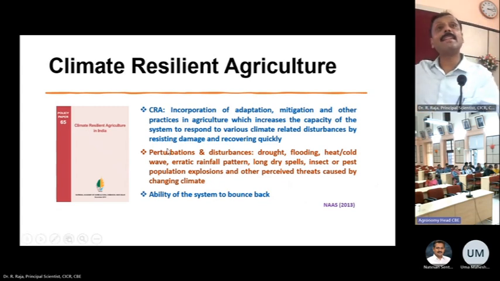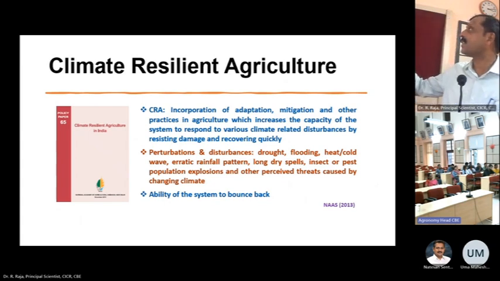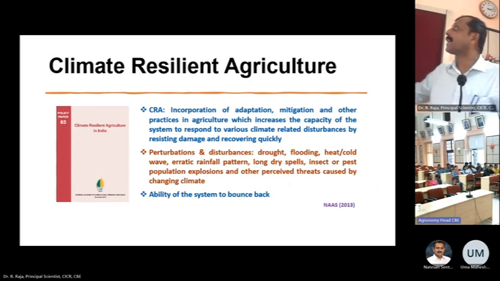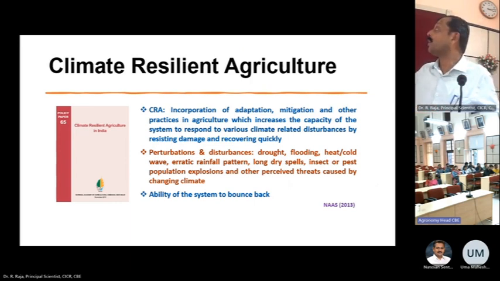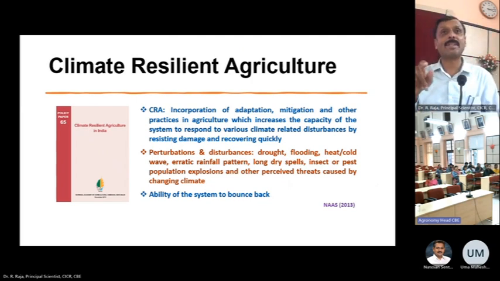So this CRA, Climate Resilient Agriculture, actually involves adaptation as well as mitigation strategies and other practices for increasing the capacity of the system to respond to various climate related disturbances by resisting the damage. It should be able to withstand the damage, and it has to recover quickly.